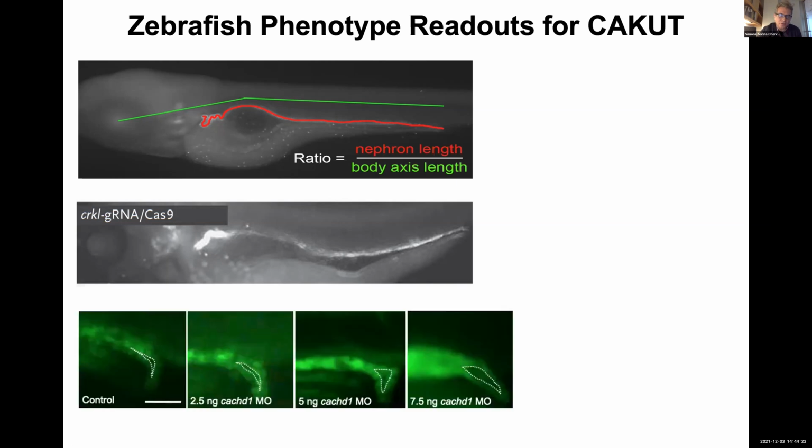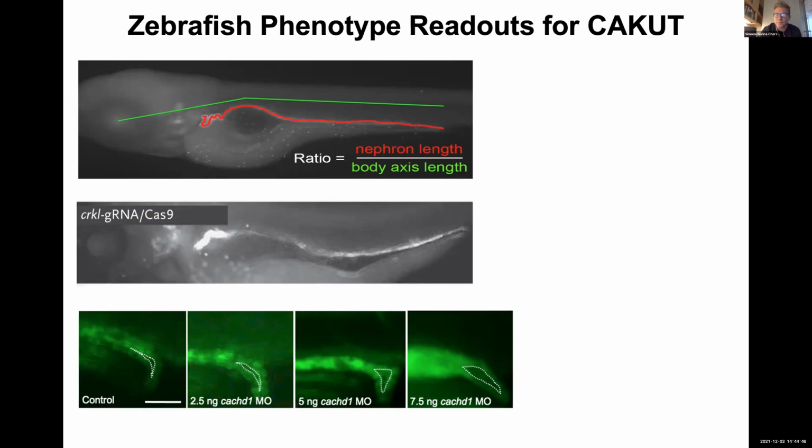But we also tried to develop more complex and definitely less accurate tools for interpreting lower urinary tract malformation. And here I'll show you the phenotype of the cloaca. This is a normal cloaca, and this is a gene that we studied, and you see that the cloaca is definitely abnormal in this model.